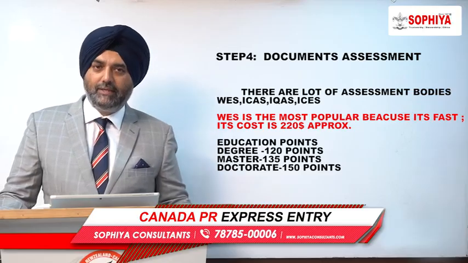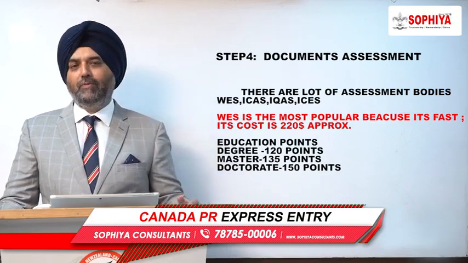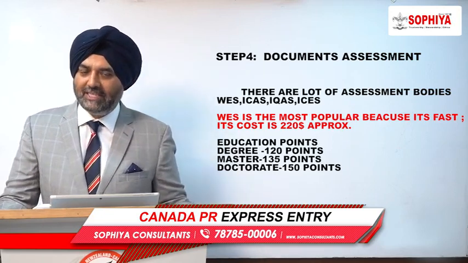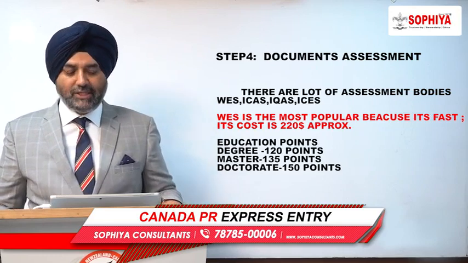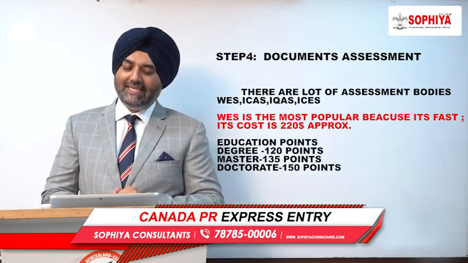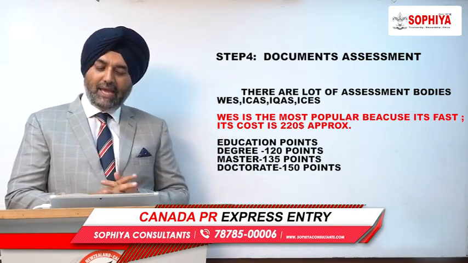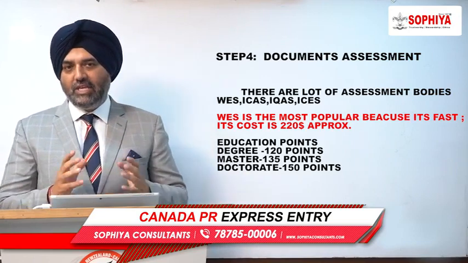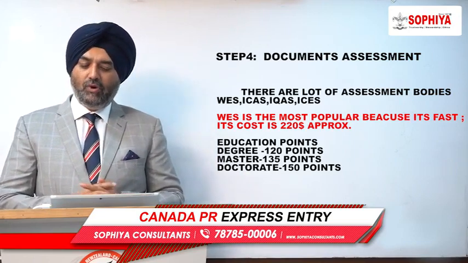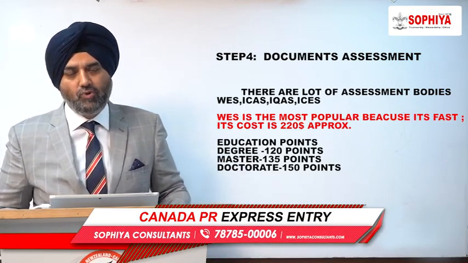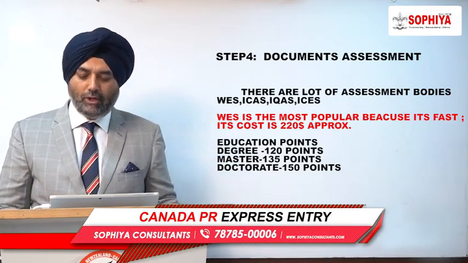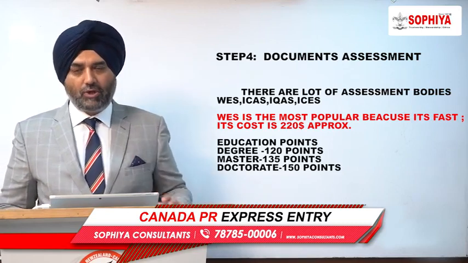The next step is the documentation assessment, which means your education assessment. There are a lot of companies which assess your documents, let's say WES, ICAS, IQAS, ICES. I would recommend WES, which is very fast, and approximately it will cost you $220 in total for your assessment.